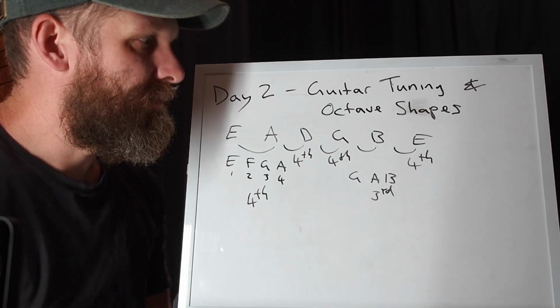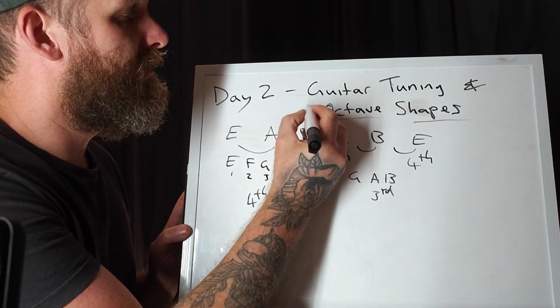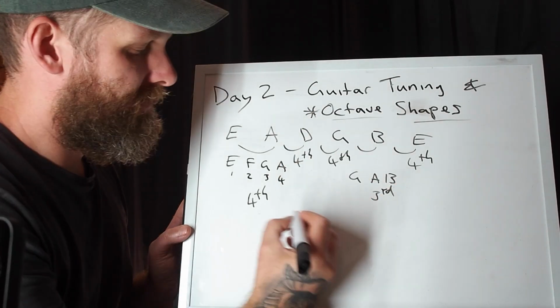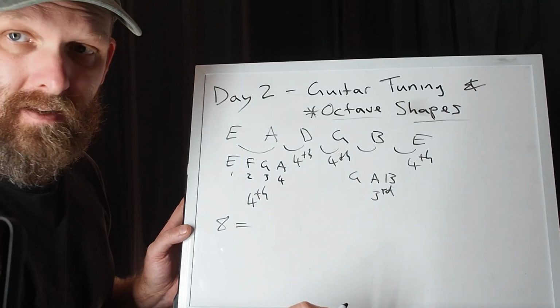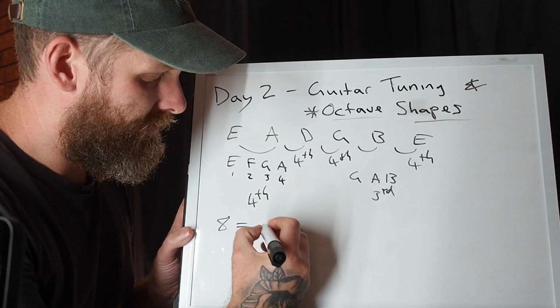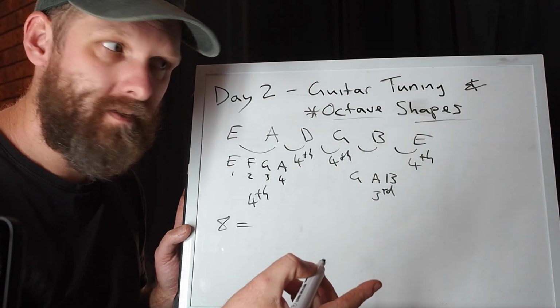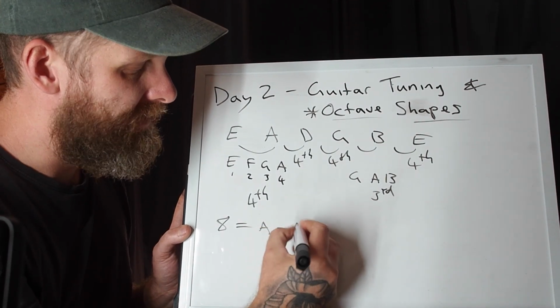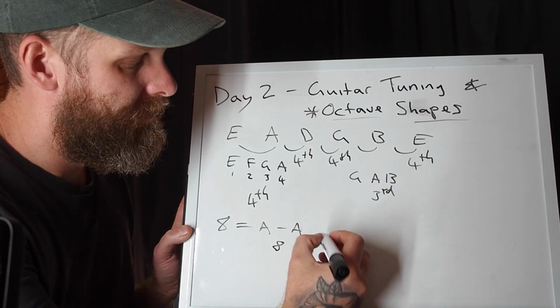Now, octave shapes. An octave, referring to 8. Another way to think about this is from any letter in the musical alphabet to the next of that same letter. So A to A is 8 notes, so an octave.